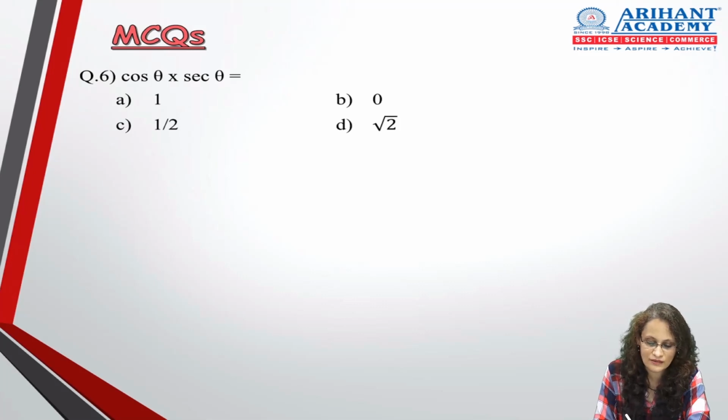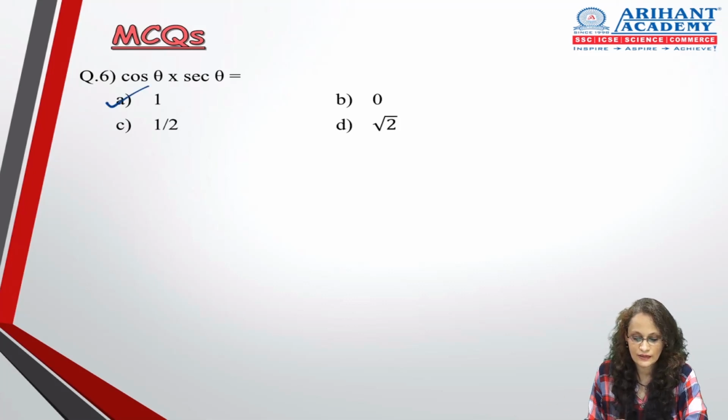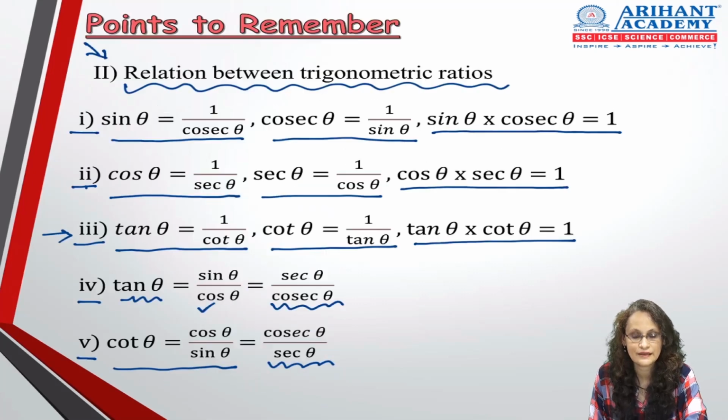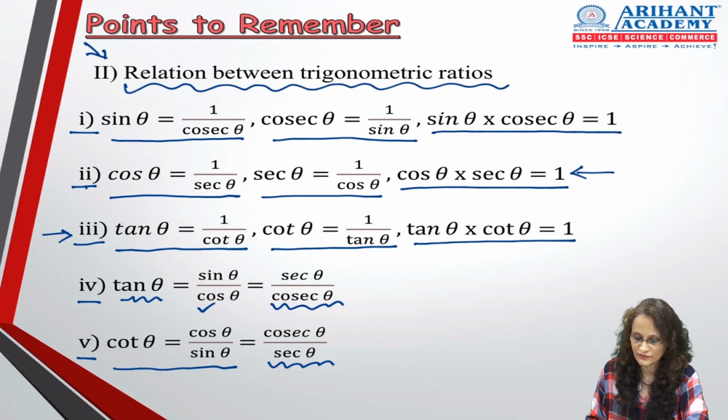Directly I know my answer is going to be option A. Okay? In case you are a little confused, let me take you to the formula which you can see over here. Same, right? Cos theta into sec theta is equal to 1. Clear? Alright? Fine.